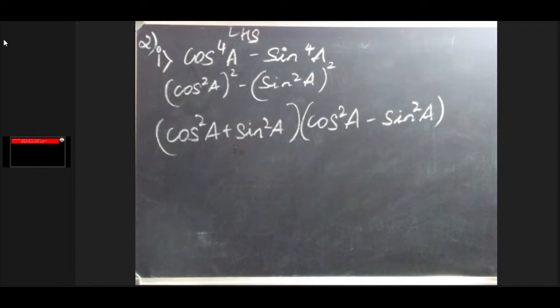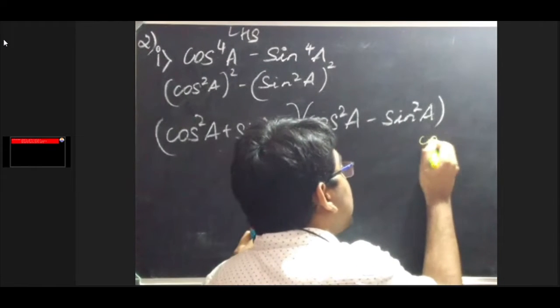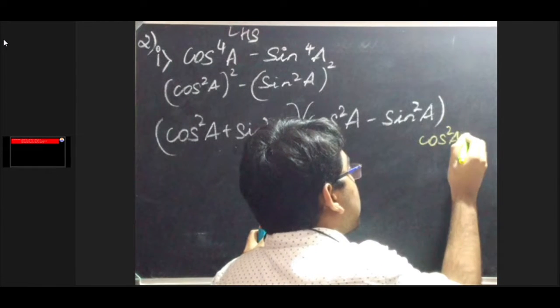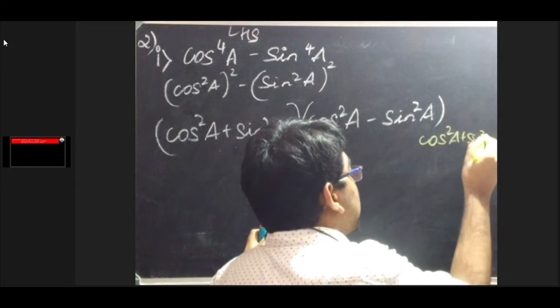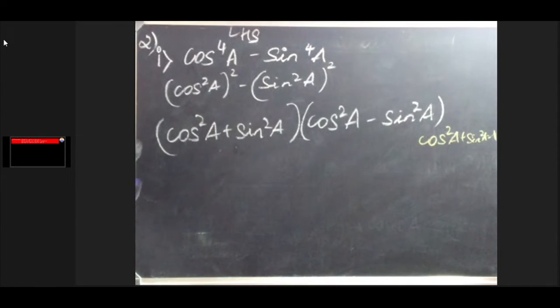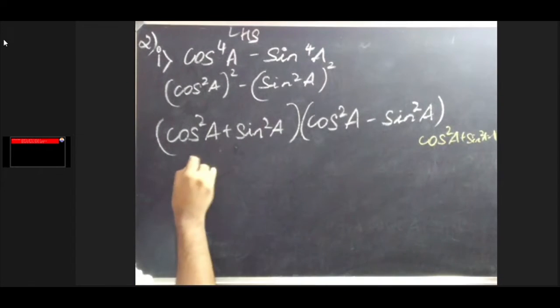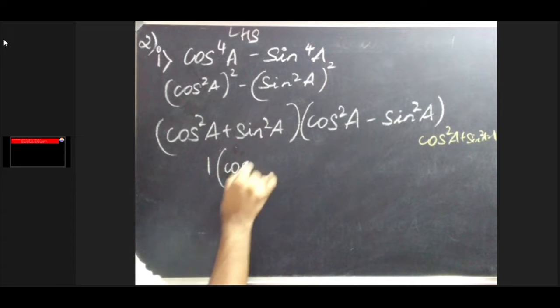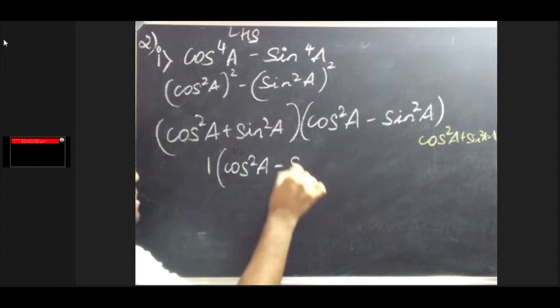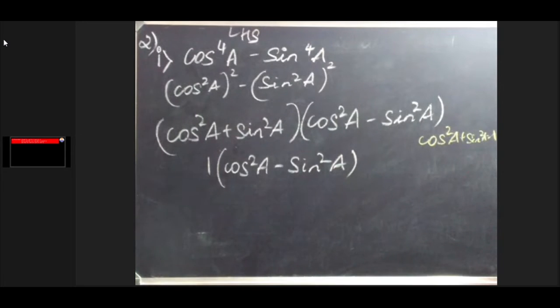We also know that cos square A plus sin square A equals 1. This is just extra information for you to understand that. So 1 into cos square A minus sin square A.